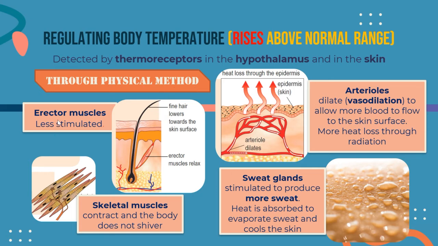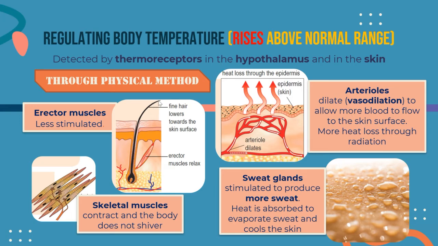First, the erector muscles are less stimulated. The erector muscle of the skin is less stimulated. This is our skin, this is the erector muscle of the skin, and this is our fine hair.